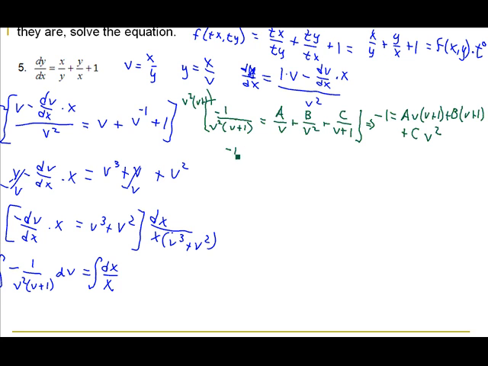So this equation simplifies to give me, on this first term, a v squared plus a. On the second term, distributing, I get b v plus b.